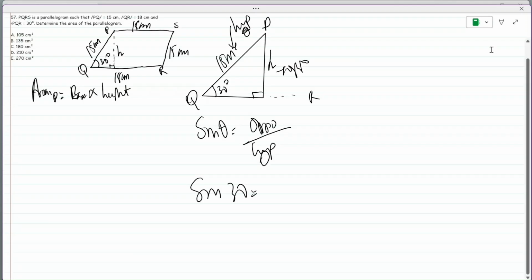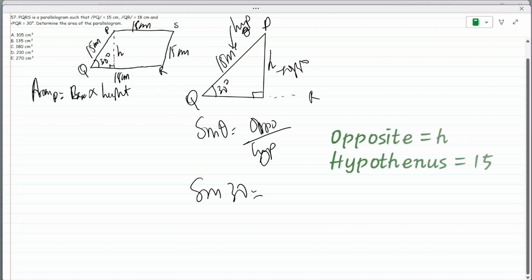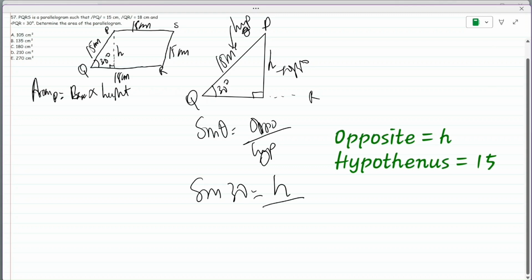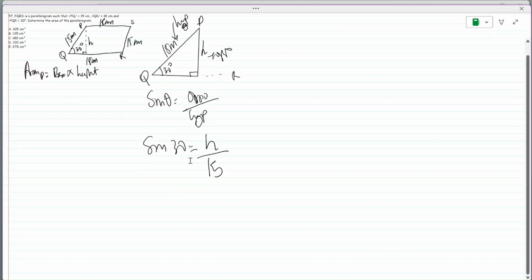We have sine 30 equals our opposite, which is unknown, H, over our hypotenuse, which is 15. Since we're having a fraction and multiplying, we can make this sine 30 over 1, then we cross multiply.